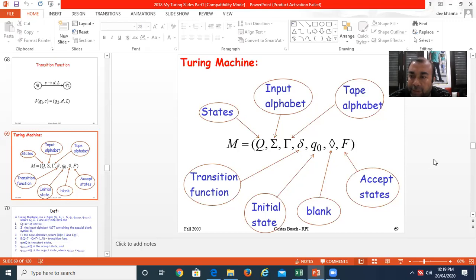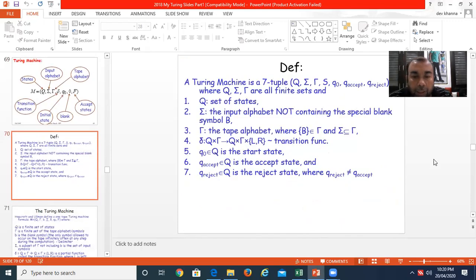Are you able to get this? Then delta is the transition function, Q0 the starting state, and this rhombus is the blank symbol. This blank symbol is also part of the tape alphabet. And capital F is the set of accepting states, because there can be one state or more than one state. Okay.